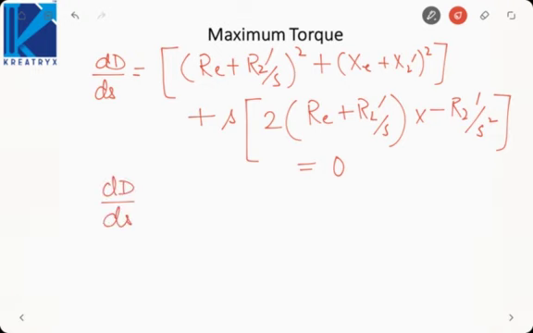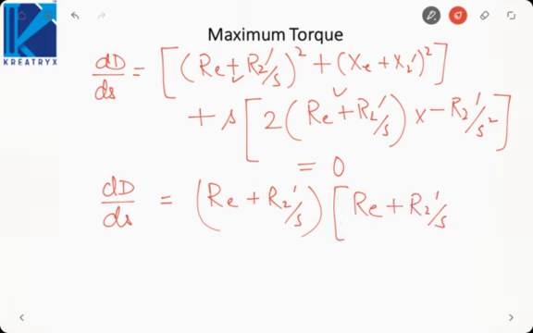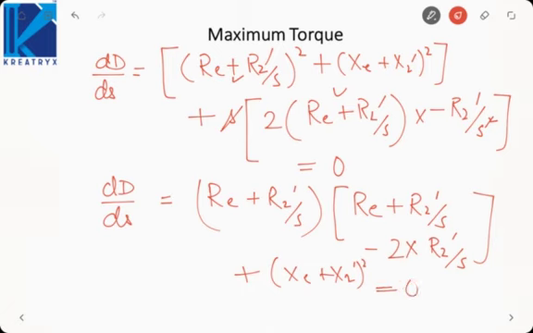dD by dS will be equal to (Re plus R2 dash by S) can be taken common from these two terms. It will be (Re plus R2 dash by S), then minus 2 into R2 dash by S, because this S will get cancelled with this, plus (Xe plus X2 dash) whole square. Okay, so this will be 0.